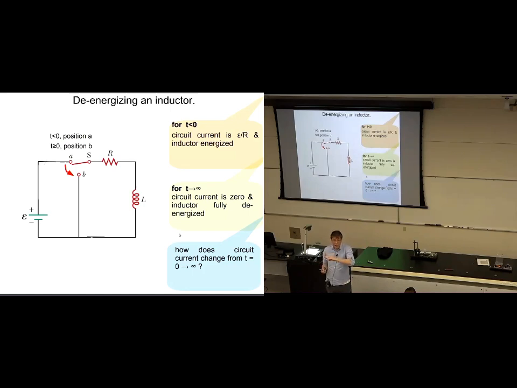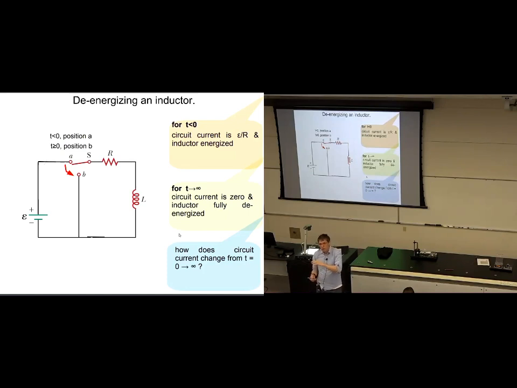Because of magnetic induction, if you try to switch that current off in the inductor, the inductor doesn't like that. It doesn't like having its current changed. It's going to try to replace that current with an induced current. If you try to switch off the magnetic field in the inductor, it doesn't like that either. It's going to try to replace that magnetic field with its own induced field.